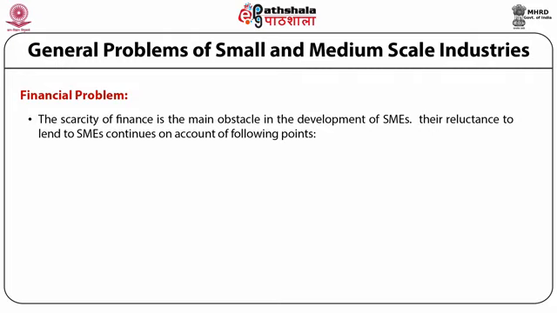So banks are mandated to provide 40% of lending to the priority sector like agriculture, small scale industry and other small businesses. Although banks have met the priority sector lending targets on paper, the reluctance to lend to SMEs continues on account of various reasons.